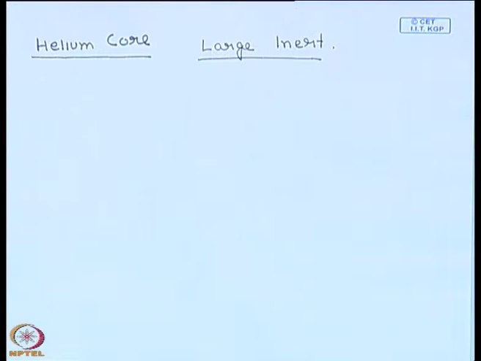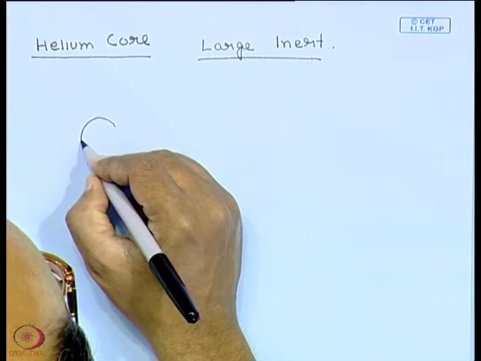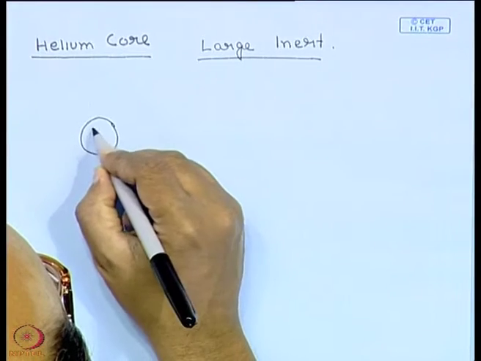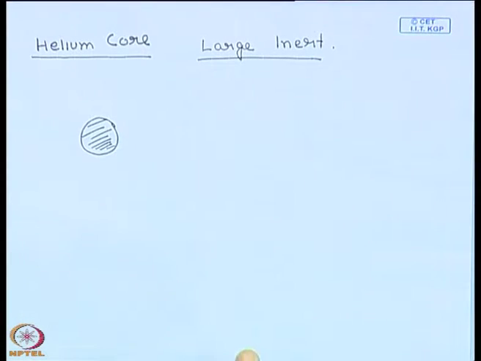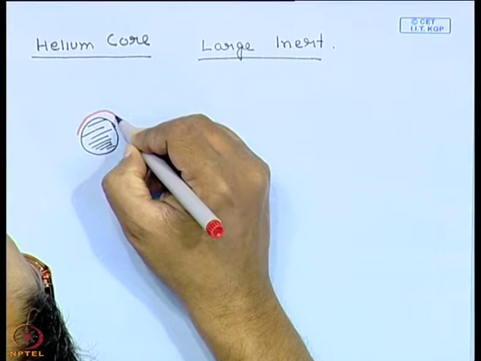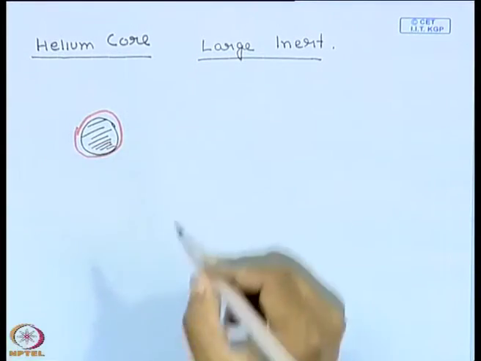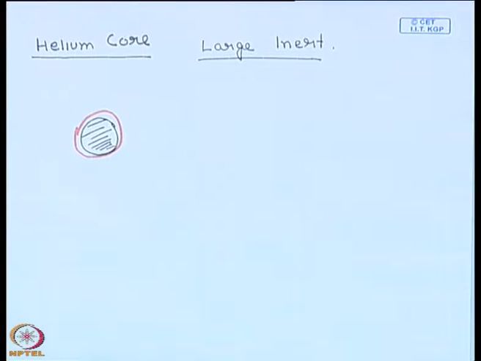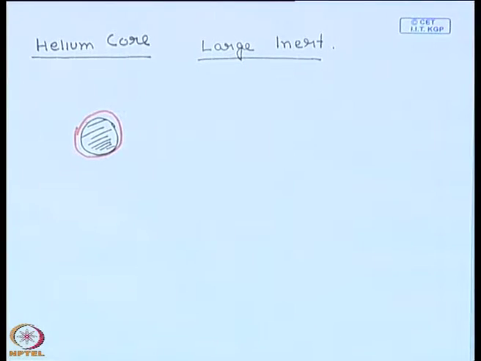So, we have a helium core which is largely inert. This is the helium core in the center, and there is a shell of hydrogen still being burnt outside it. Hydrogen burning is still in progress in a shell like this.